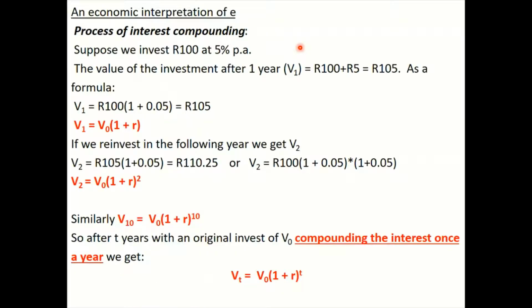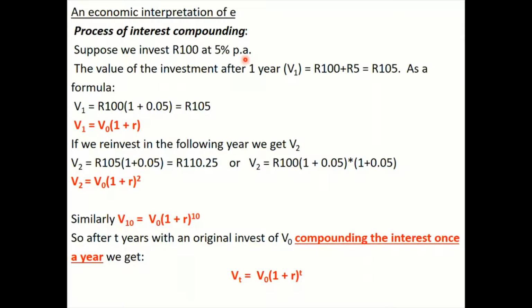The calculation that we worked through on the previous slide becomes very important now when we look at the process of interest compounding. So let's start by understanding what we mean by interest compounding. Say we invest 100 Rand at an interest rate of 5% per annum.